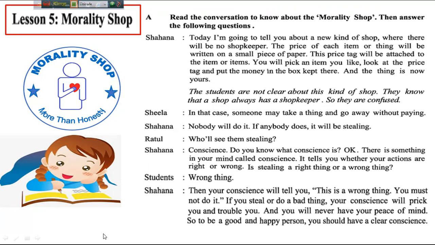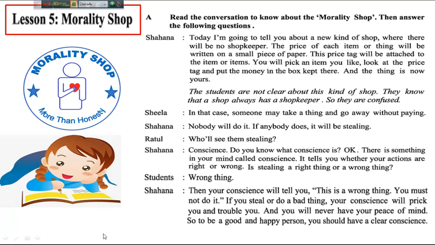Do you know what conscience is? There is something in your mind called conscience. Yes, we know the meaning of this word. It tells you whether your actions are right or wrong. Is stealing a right thing or a wrong thing? All the students replied, wrong thing.